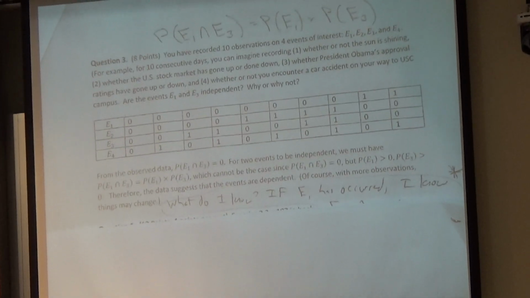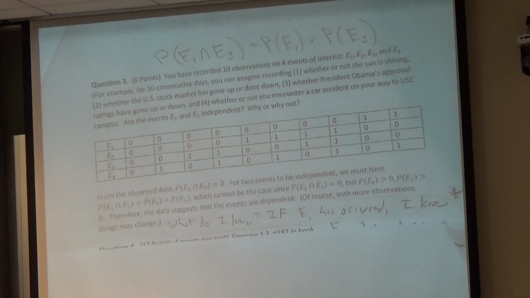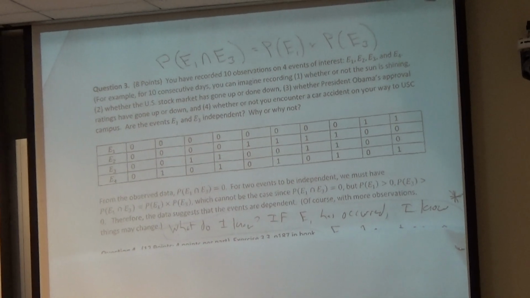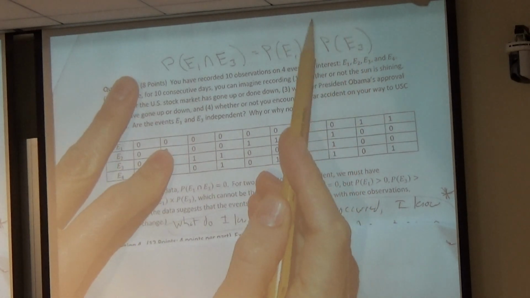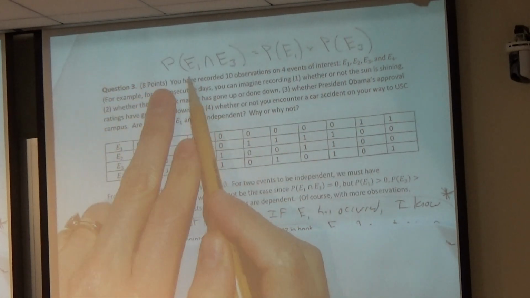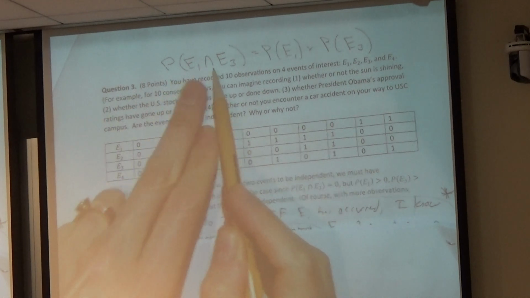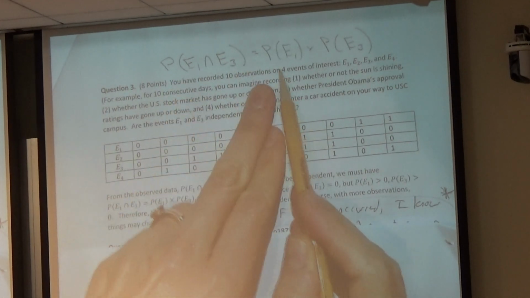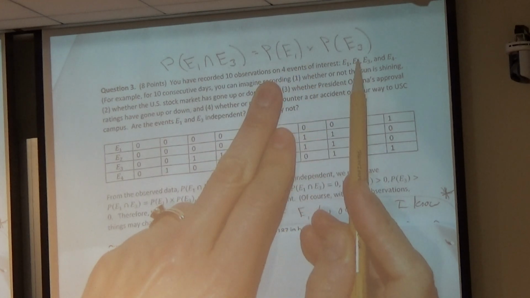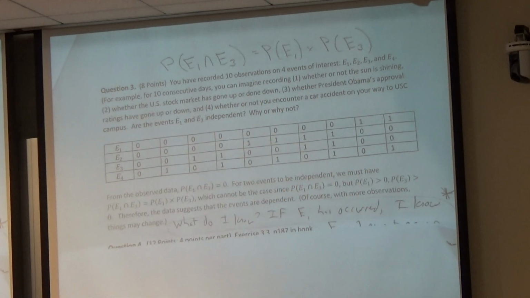So I gave you this small data set so that it was very easily workable. Remember that if 2 events are independent, one thing we know is the probability of E1 intersection E3, so E1 and E3 occurring together, should be exactly equal to the probability of E1 times the probability of E3. So multiplication and independence are intricately intertwined.